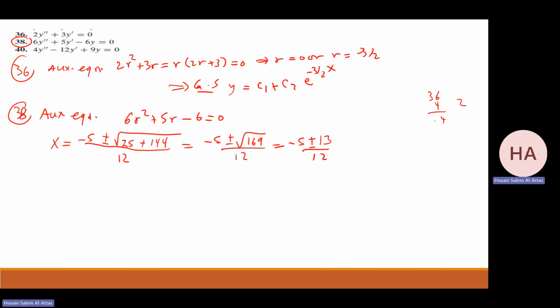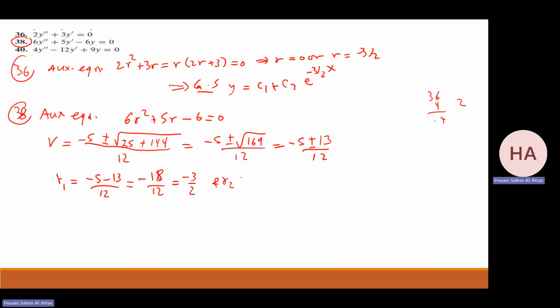So I have r1 equals minus 5 minus 13 over 12, that is minus 18 over 12, which is minus 3 over 2.